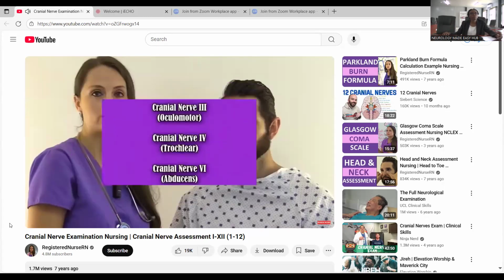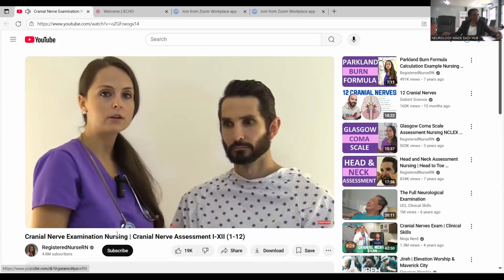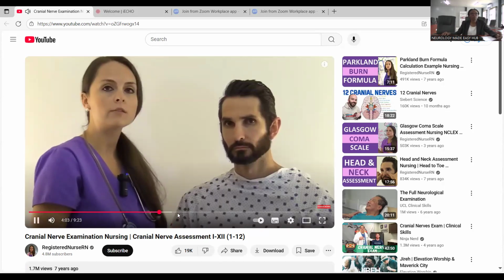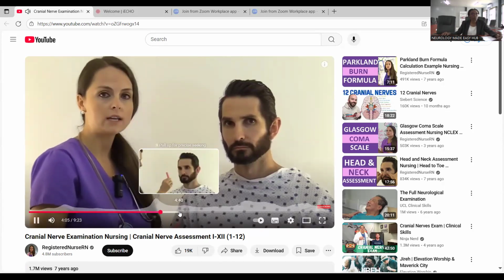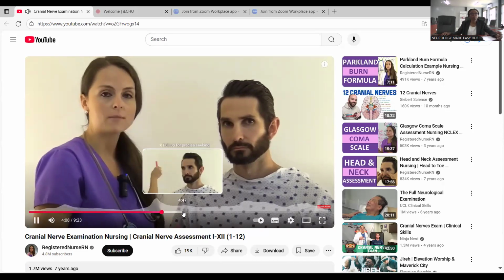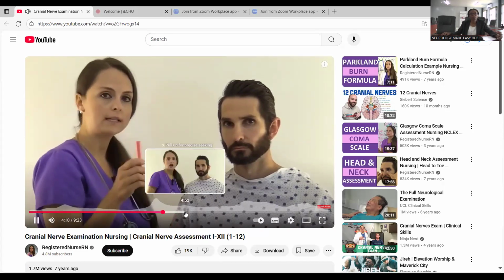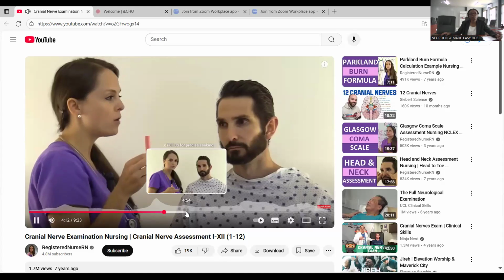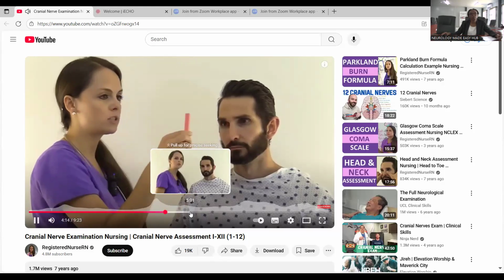We're going to do several tests to check their function. The first one, we're going to be looking for any involuntary shaking of the eye called nystagmus. How we're going to do that is we're going to take our pen light and hold it about 12 to 14 inches away from the patient's nose.